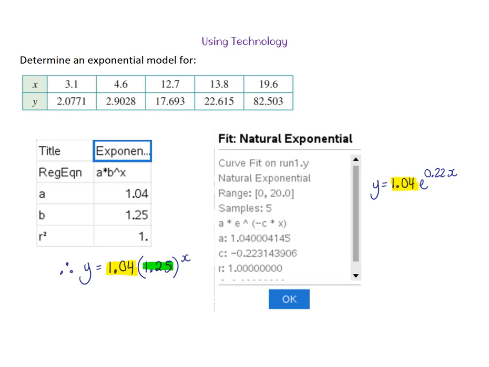Now, if we look at this 1.25 and this e to the 0.22, if you go to your calculator and evaluate e to the 0.22, you'll get that e to the 0.22 is approximately 1.25. So you can see that they're the same model. Just one base e and one base b.